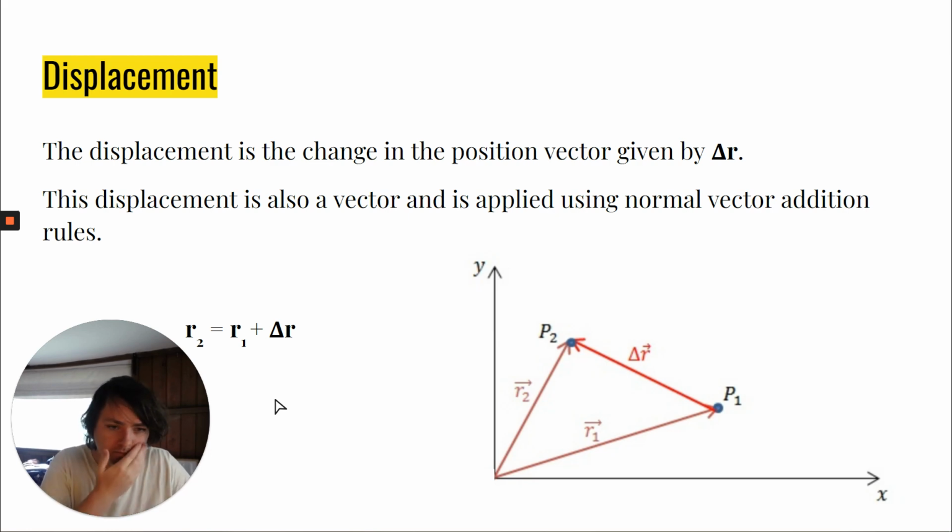So if we have r1 as our first position at point p1, and after some time our position goes to p2, described by r2, then we can use vector addition to see that r1 plus the displacement vector delta r is exactly equal to r2. So we could use algebra to see that the displacement would just be r2 minus r1.